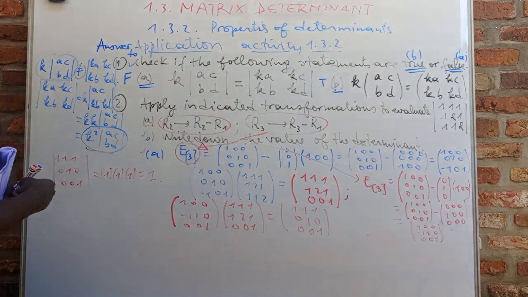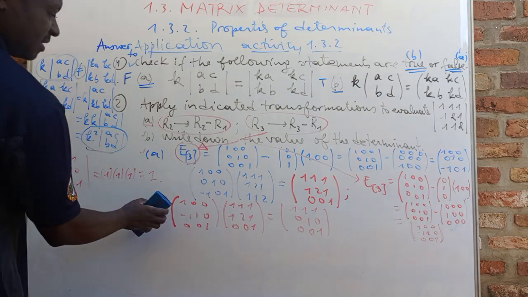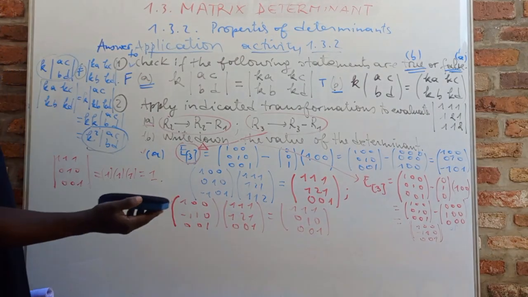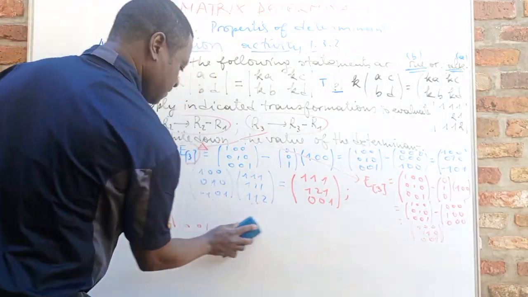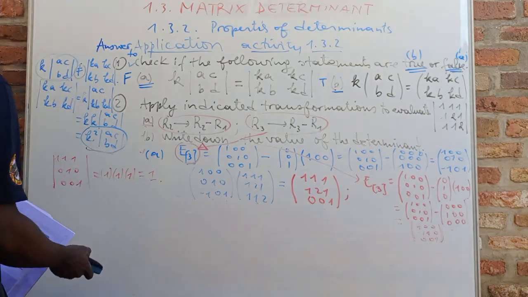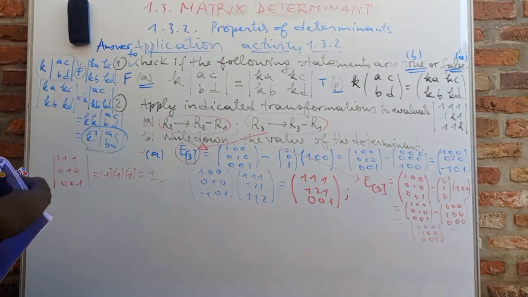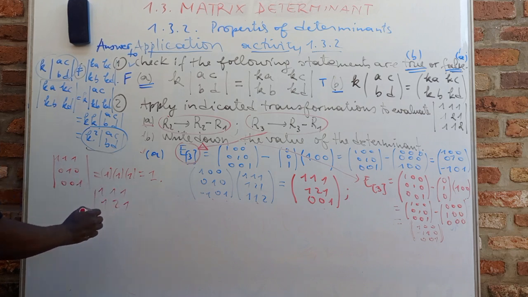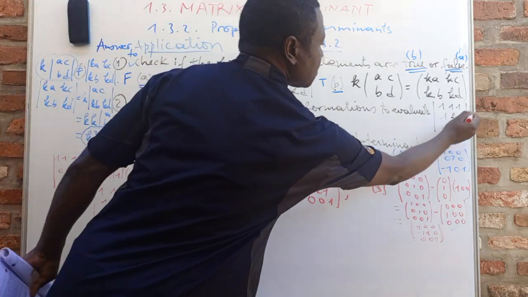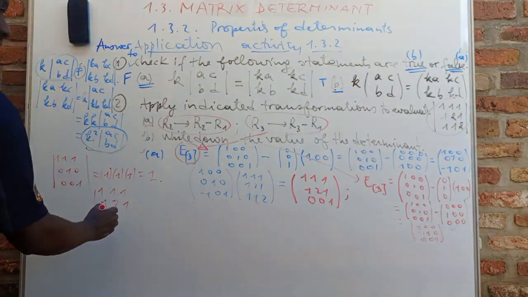Okay. Let us check if we are not sure. We can check by using cofactor expansion. Let us use cofactor expansion to check if really the determinant is going to be 1. Here we have 1 1 1, 1 2 1, 1 1 2. We are finding this determinant.